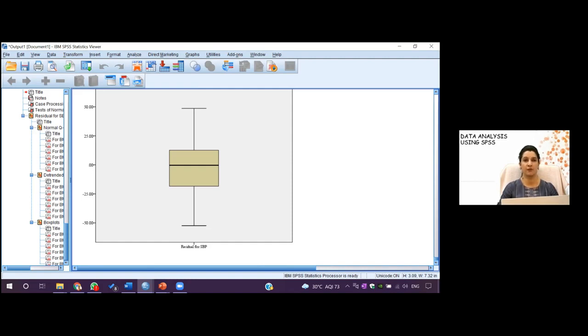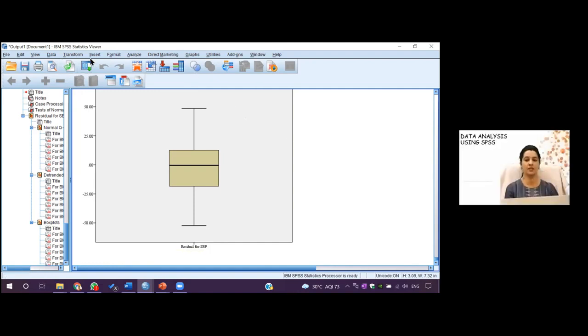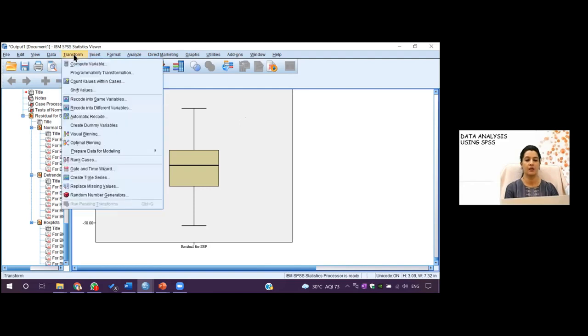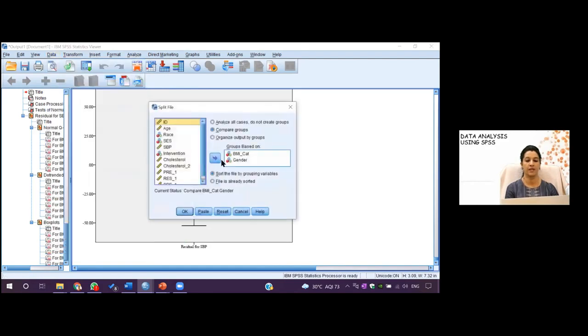How do we check for the normality and variance? Ma'am, please explain the split command once again. For split, whatever variables you enter, you go to the data, it comes in data, you go to split file. This box now, you can enter one more variable also, so it will create that many combinations of cells.